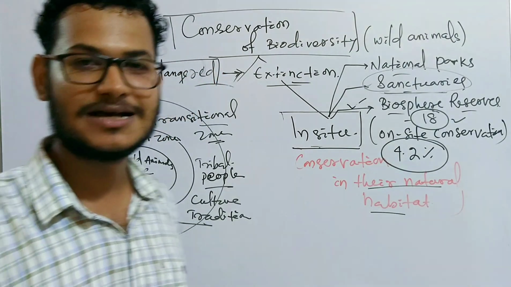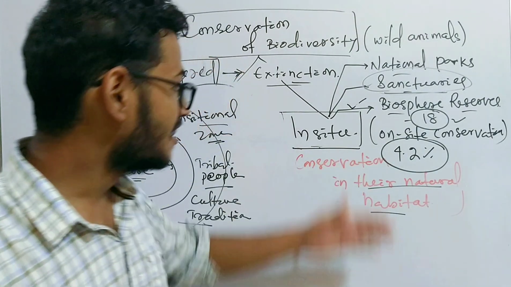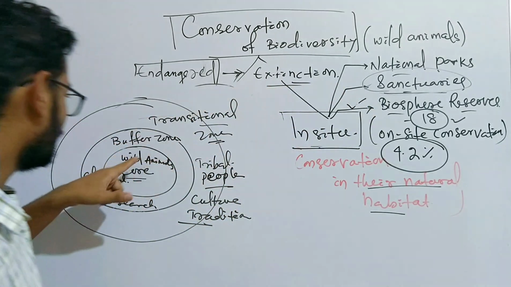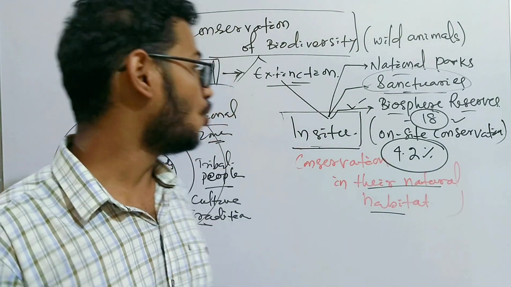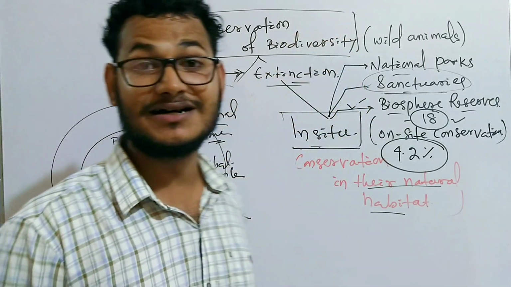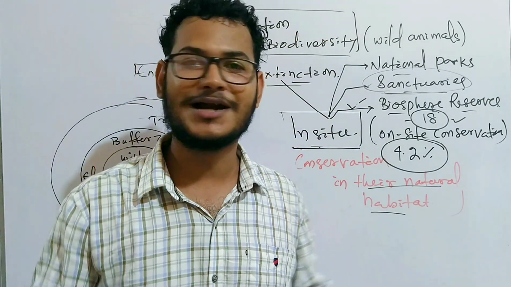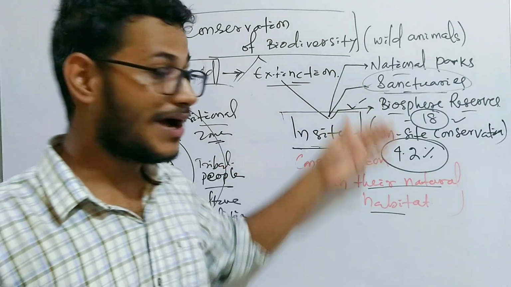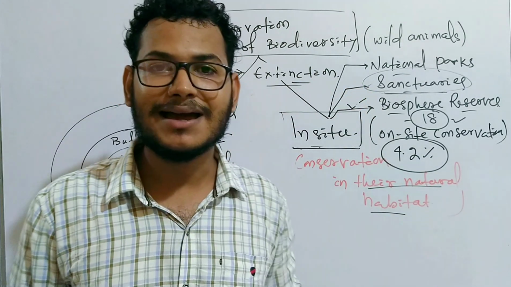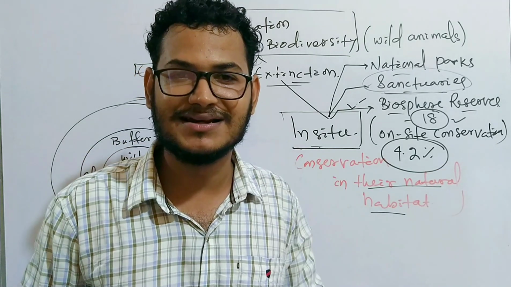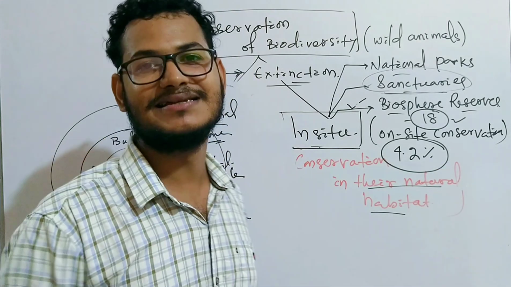So human beings form a part of this biosphere region along with the wild animals at the core zone, right? So that is how the biosphere region has a very important role, and it occupies a very large area. Sometimes a biosphere region may have more than one national park inside it.